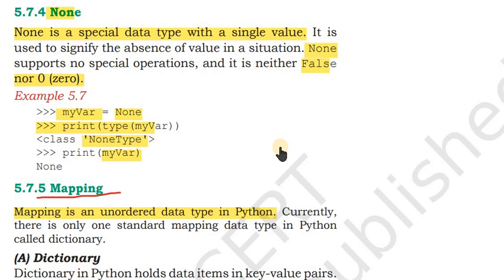Those were ordered. But here, keep it in mind that mapping is an unordered data type. Currently, there is only one standard mapping data type in Python, and it is called dictionary.